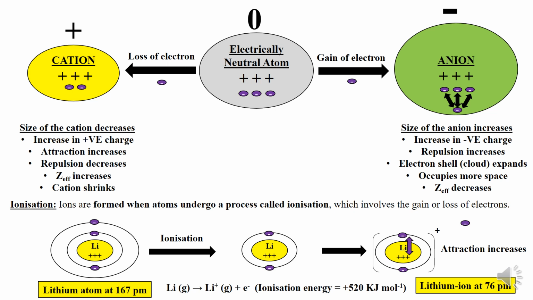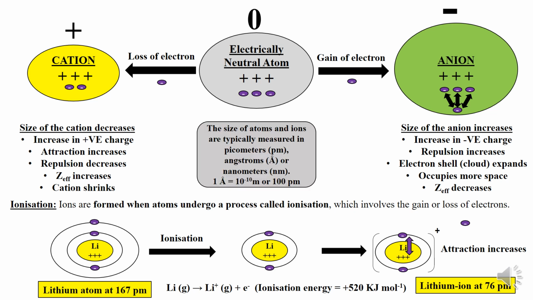So because of the increase in the effective nuclear charge, that is the attraction between the 3 protons in the nucleus and 2 electrons in the first shell, the size of the cation shrinks, and as a result, the size of the lithium ion decreases. So when you compare the size of the lithium atom to that of the lithium ion, you can see that the size has reduced from 167 picometers to 76 picometers.